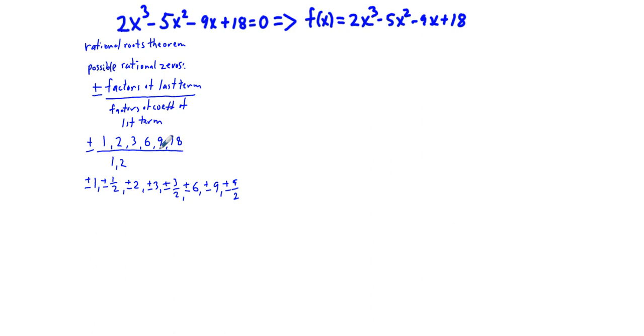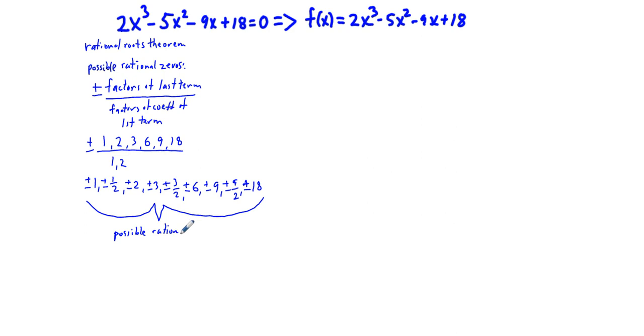Then we have plus or minus 18 over 1, which is plus or minus 18, and plus or minus 18 over 2, which is plus or minus 9, already represented. So this set, plus or minus all these, represents our possible rational zeros.